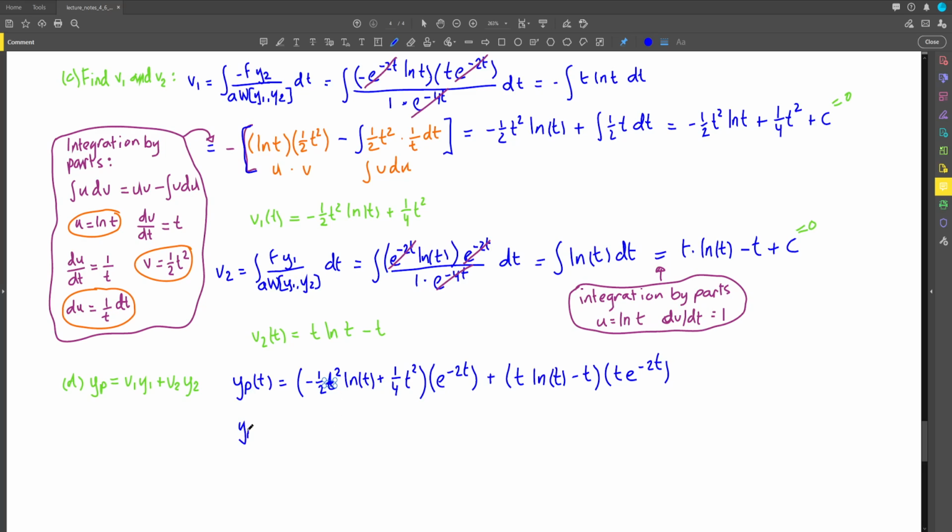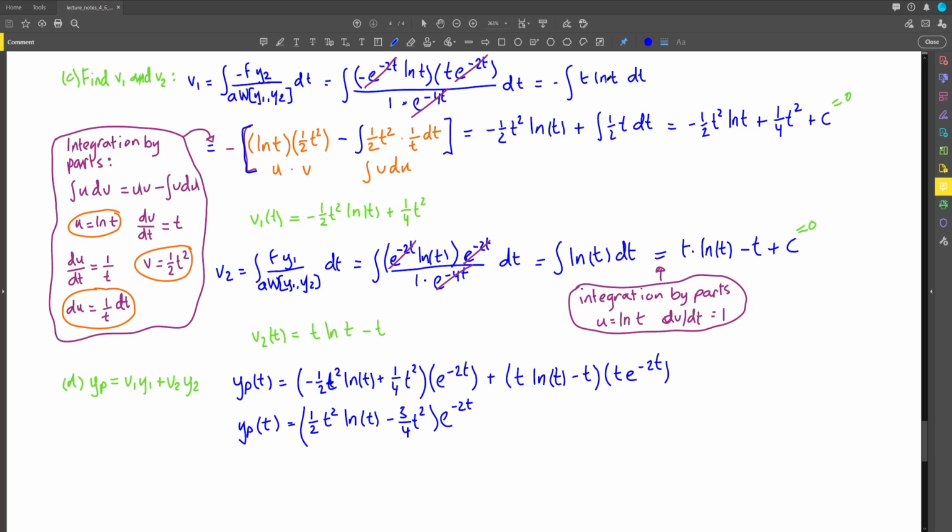And so yp of t, if you simplify it all the way, we actually get 1/2 t squared ln of t minus 3/4 t squared, all times e to the power negative 2t. So again, verify that for yourself, that when you distribute this and then collect like terms, you get this answer here.